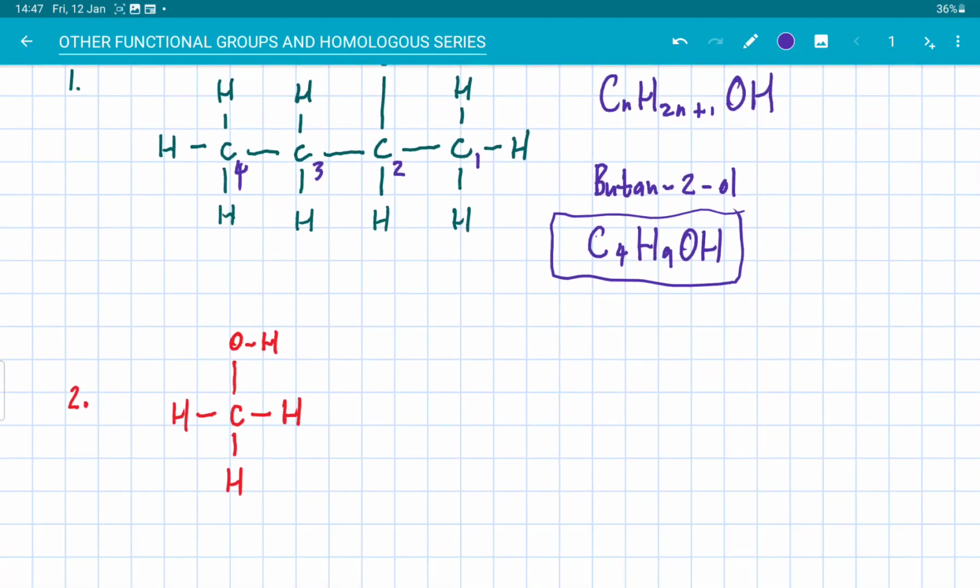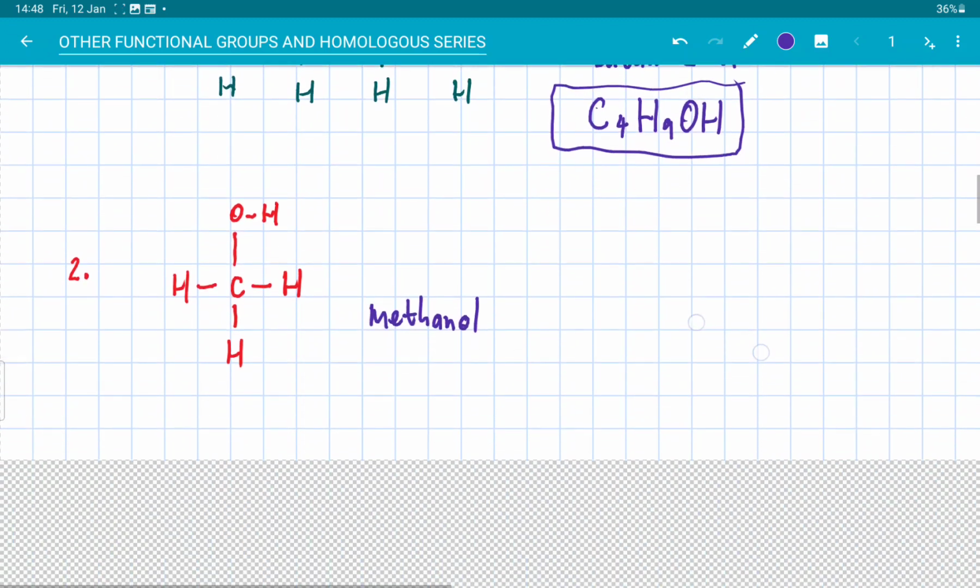For this one, it is 1 carbon, methane. Because the position is carbon 1 and the functional group is also on carbon 1, we just say methanol. Methanol, people. A very poisonous substance, methanol.